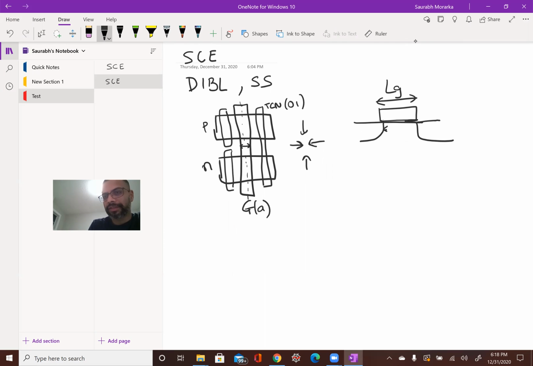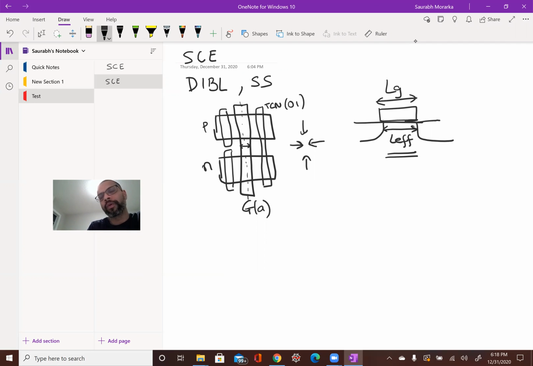And this is the effective channel length, which controls how the transistor behaves. As the gate length shrinks, the effective channel length mostly shrinks. Almost always it ends up shrinking. And the reduction of effective channel length is the reason why short channel effects come into play. So degradation from short channel effects goes hand in hand with shrinking the gate length of the device.